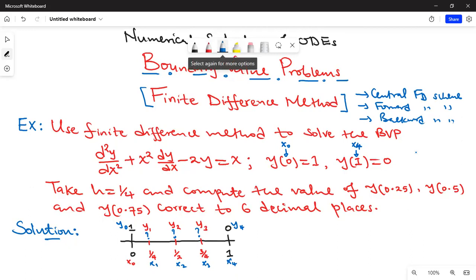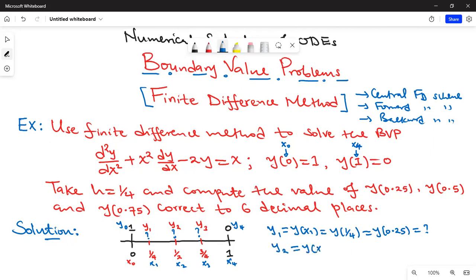Remember, when we write y1, it is the same as y at x1, which is y of 1 over 4. 1 over 4 is the same as 0.25. We don't know that. We'll find it. When we write y2, we mean y at x2, and x2 is 1 over 2.